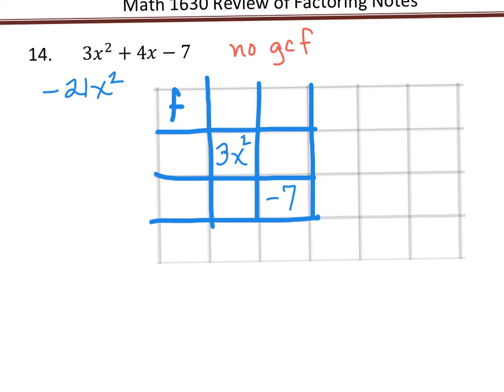The fact that it is negative 21x squared tells us that our factors have different signs, and they're either going to be positive negative or negative positive. The fact that our middle term is positive tells us that the larger factor is going to be the positive factor. And we know that both of them are going to have an x.